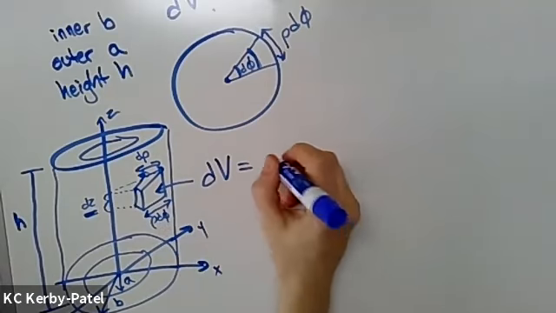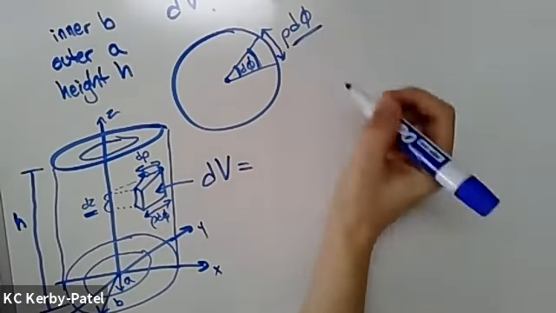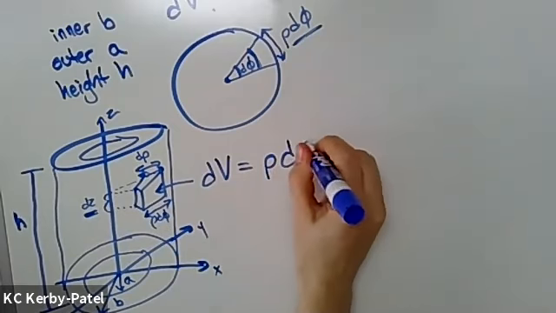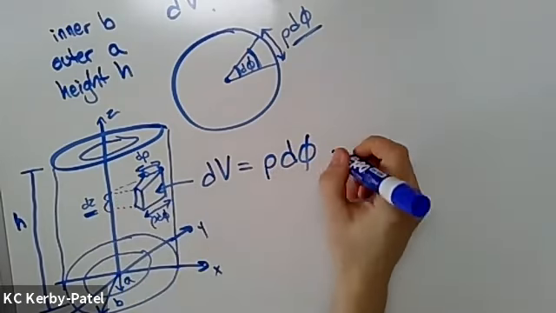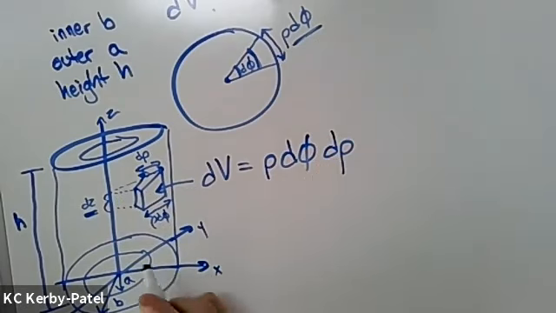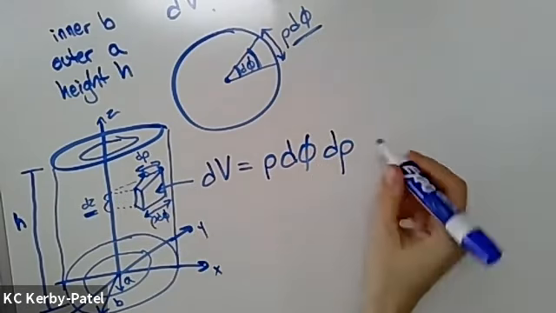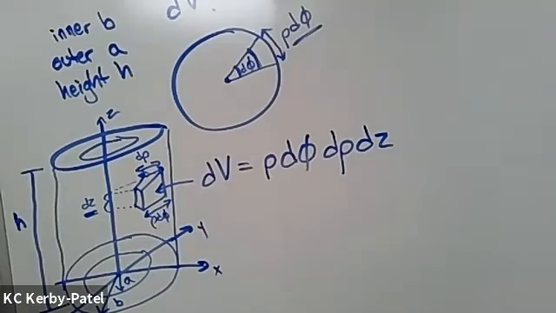So the volume of this thing is going to be that arc length, rho d phi, times the depth of our tiny non-cube, d rho, times the height of our tiny non-cube, dz. That's our differential volume element. Now, how do we find the volume of this whole thing?